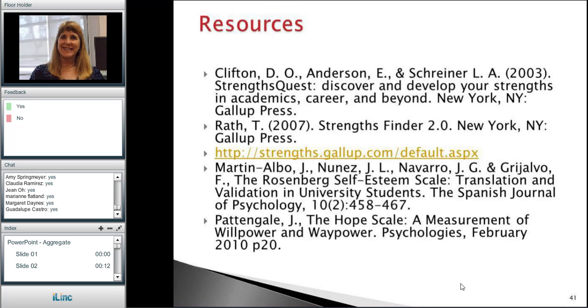And we also included a PDF document, the Strength Quest Guidebook. That just gives you kind of a sense of how strengths are being used at other colleges, not only for suicide prevention, which is what our goal was, but also just to support students in their academic success and their thriving in college.